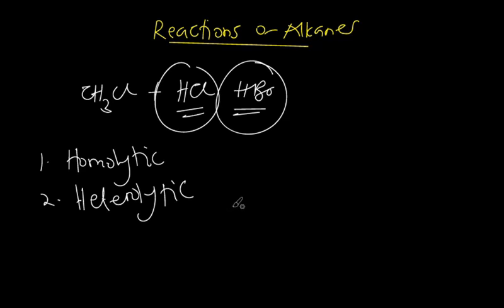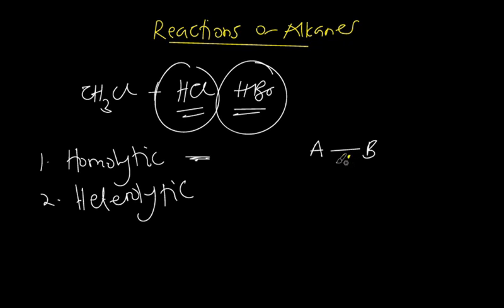Now the homolytic cleavage, the first one, is the bond breaking where the electrons from the bonding pair in the bond are equally distributed among the atoms. What we mean by this is that in homolytic cleavage, let's say we have atom A attached to atom B. The bond that we formed has what? An electron pair, that is 2 electrons.